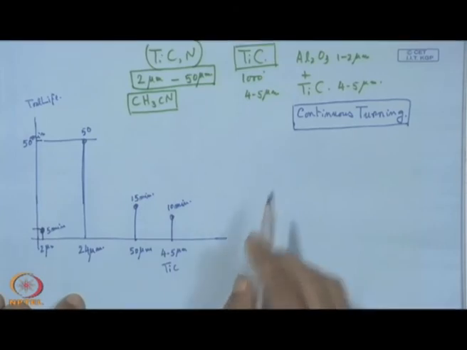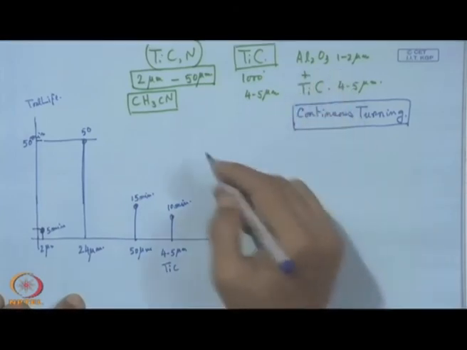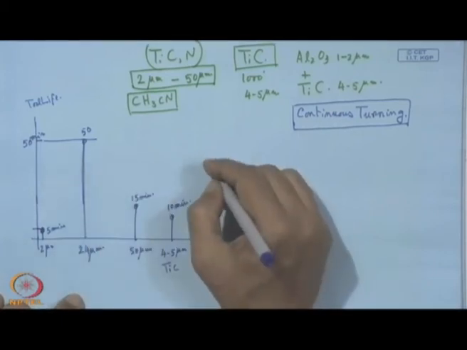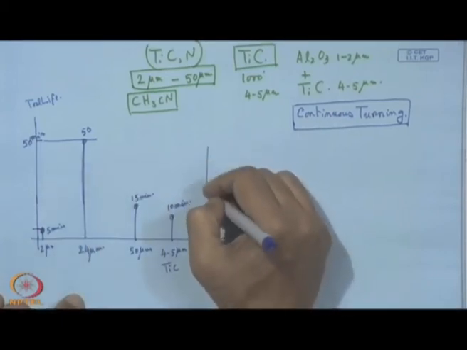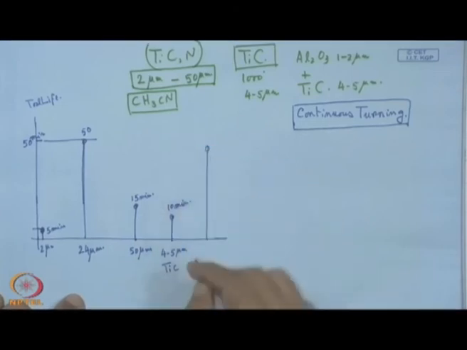However, if we put this multi-layer coating of aluminum oxide, that means this is Al2O3 as the top layer, plus a bottom layer, the buffer layer in contact with the substrate. This is 1 to 2 micron and this is 4 to 5 micron.